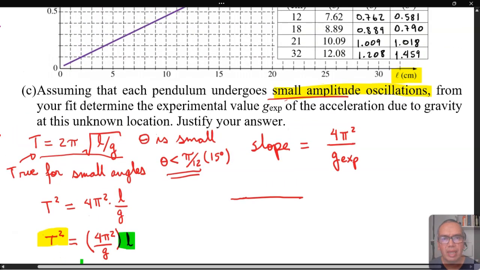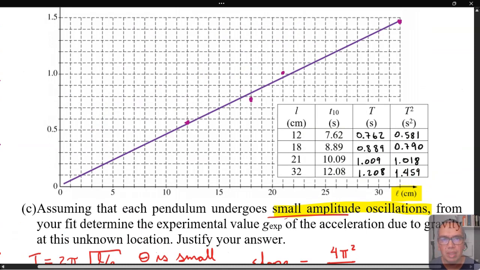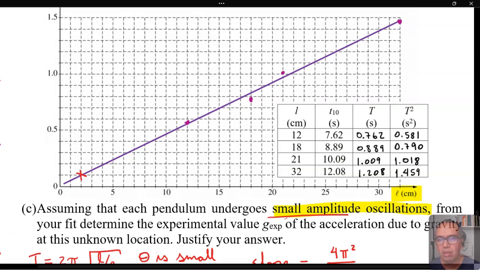Let's look back at the line and see if we can determine its slope with some degree of accuracy. First, you need 2 points, and those 2 points need to be directly on the line. One good point to do that will be this. The coordinates of that point are 2 centimeters on the horizontal axis, 0.1 square seconds on the vertical axis.